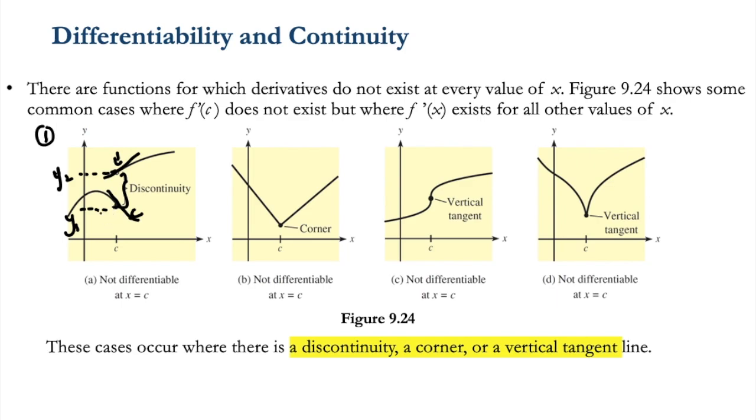As a consequence, because of this discontinuity at x equal to c, it's not possible for us to find the slope at c, and therefore m does not exist, so this one is not differentiable.